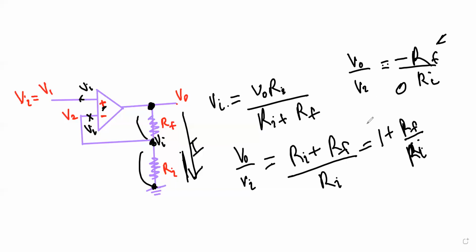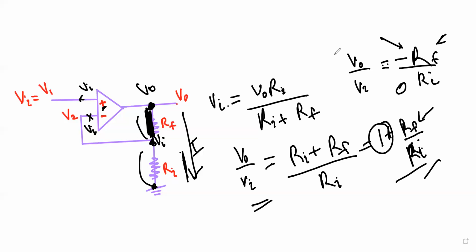But if you make this Rf zero, let's say you short circuit these two without having the resistor, you are going to get the input voltage the same as the output voltage. That's the main thing. And here we are not getting an inverted signal. There is no minus, as you can see, but here there is a minus. This is for the inverting signal.